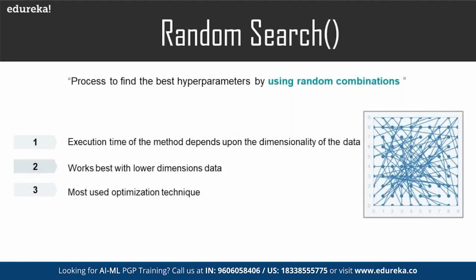Again, the execution time of such a method depends upon the dimensionality of the data. We may have 3D data, or different data dimensions. Usually this type of method works with lower-dimension data, which is nothing but 2D.